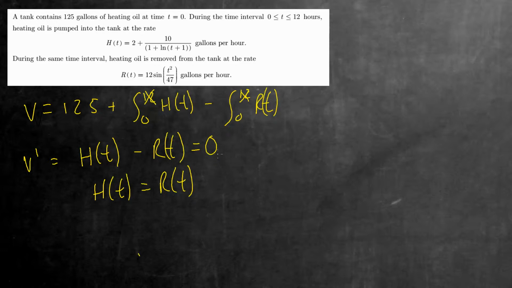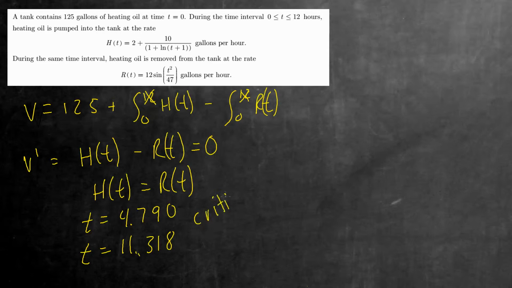We should still have it in our calculator from calculating part C. So we find where they intersect, second calculate intersection, at t equals 4.790 and t equals 11.318. And in calculus, we need to remember these are our critical points, but it could also happen at an endpoint.